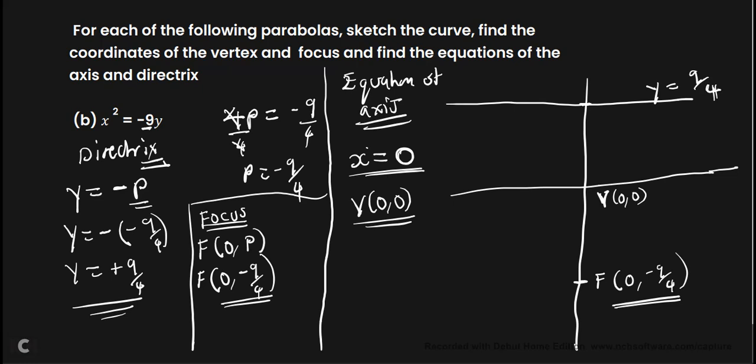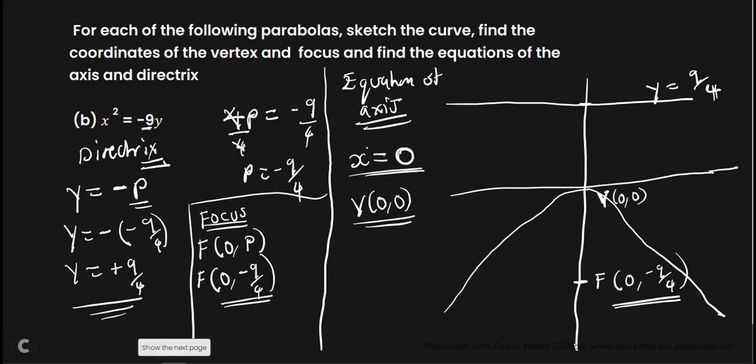Then another thing is where the parabola is. Remember that the focus is supposed to be inside the parabola. So meaning that your graph will come from this side where there's the focus, and when it reaches the vertex, it will turn like that. So this is how you answer that question.